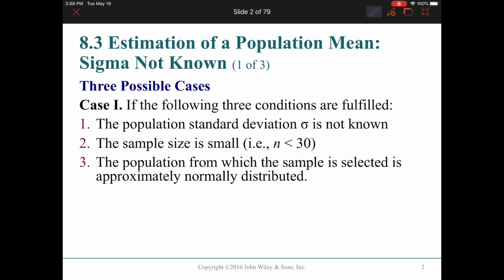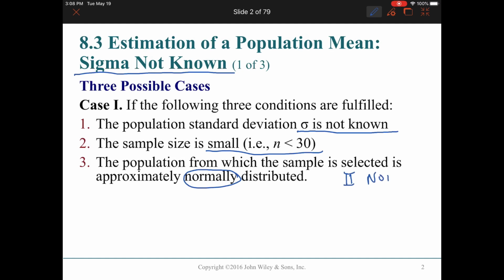And once again, your book likes to review the three possible cases. They make a big deal out of it. But the point is, in this case, sigma is not known, that's the biggest change in 8.3. And then you have to have one of two things happen.